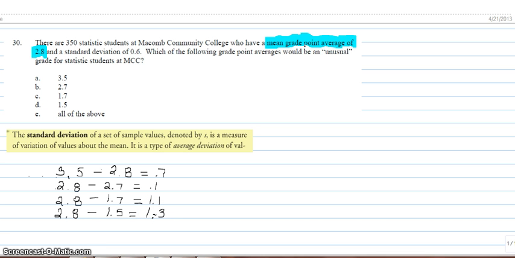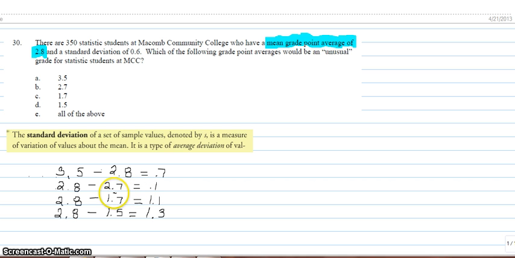What we need to do now is look at the greatest deviation from the mean. Our mean was 2.8. That was the mean grade point average. We took our answers and subtracted 2.8. That's only 0.7. 2.8 minus 2.7 was 0.1.